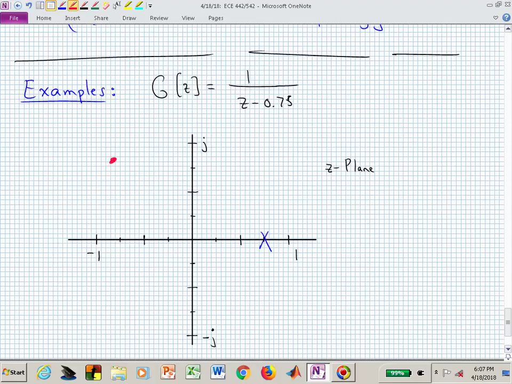How would you argue that that is or is not on the root locus? So we have one pole and something about 180 degrees. What is that something?